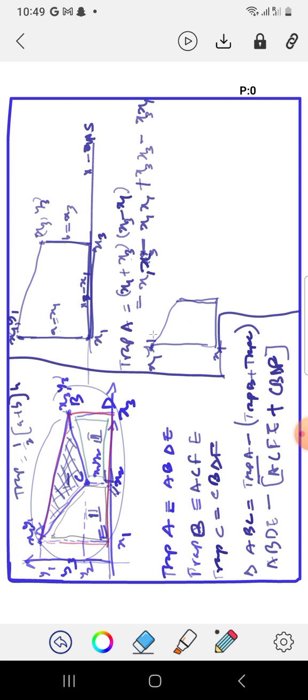Okay, I think I've made a mistake. I'm so sorry. Like I told you, I was working from my head. Here is actually y1, because it's the ordinate, which is y1, and this is going to be y3. So that's going to be y1 plus y3. I'm so sorry about that. No one is beyond mistake.